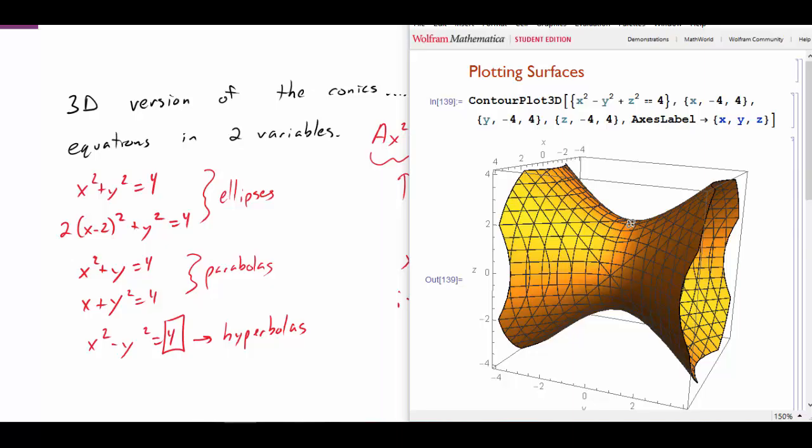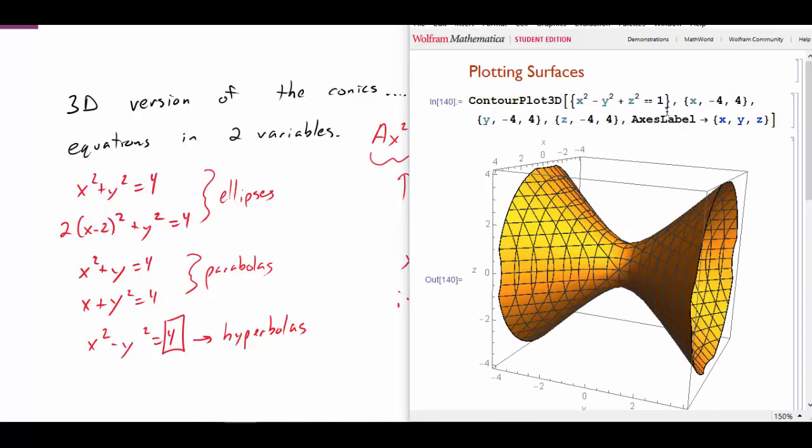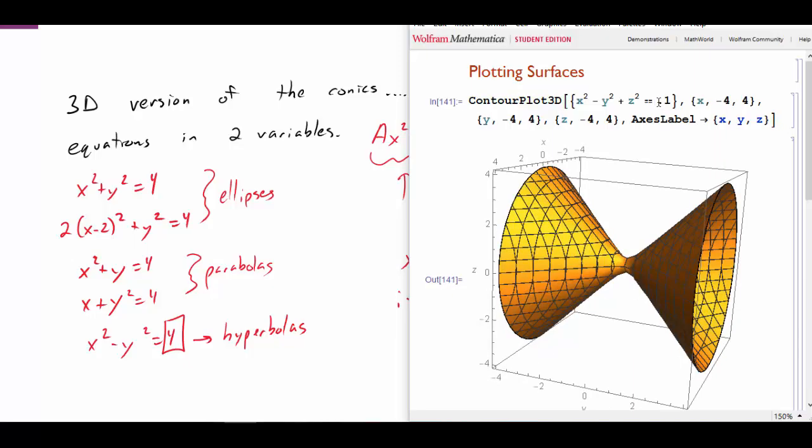It's going to look a little different if we change this constant value of 4. So just watch what happens when I adjust this constant. I have a value of 1, and just like before, I'm going to make this thing smaller. These are going to be hyperboloids, and we call these hyperboloids of one sheet because it's really one giant surface we're generating.